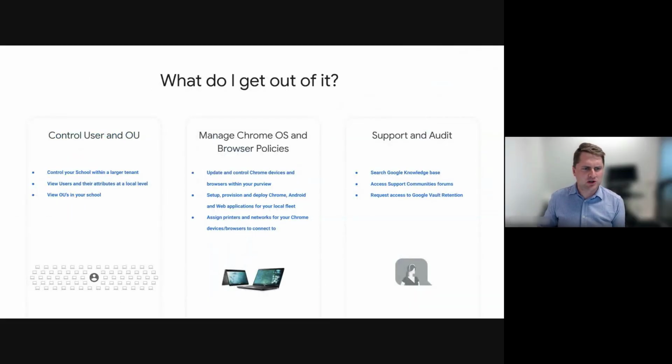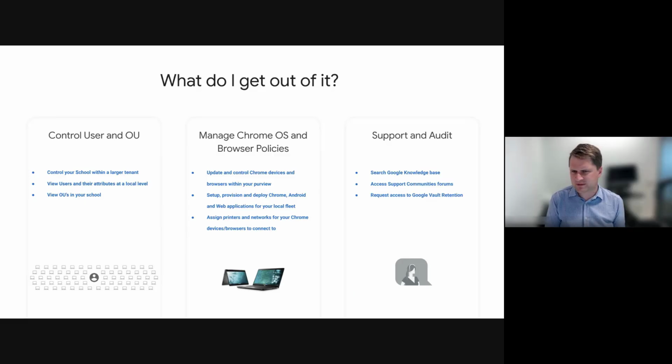In terms of what you get out of it, I've altered this slide a bit to let you know what you can see. You can view the users and their attributes at a local level, and you can also see the OUs that might exist at your school. You can control lots of settings, in particular user browser settings and device settings for your school.